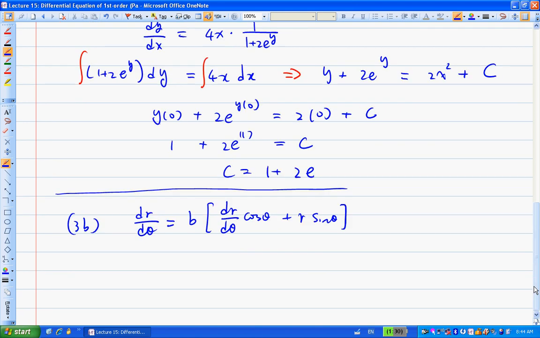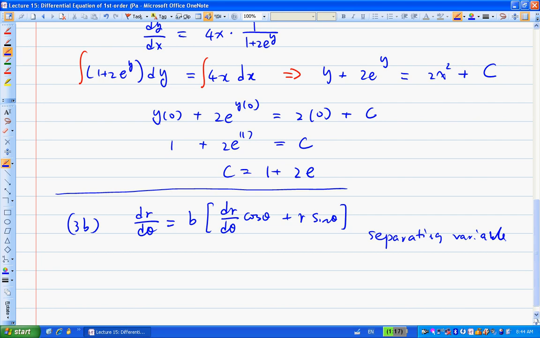So how many of you have done it? Oh, many of you. Good, excellent. Did you use the integrating factor technique or the separating variable technique? Separating variable technique, yes.